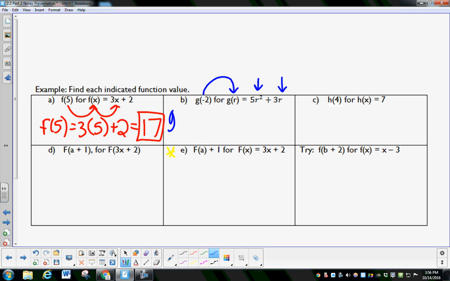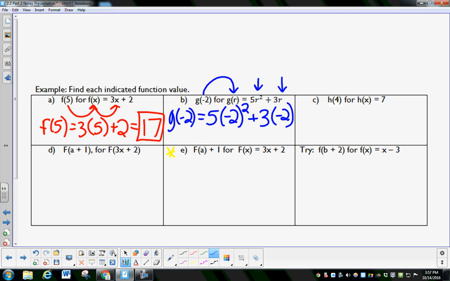So g of negative 2 equals 5 times negative 2 squared. Notice that I put it in parentheses because we want that whole thing squared, because the entire r was squared before. So I'm going to square negative 2, which means negative 2 times negative 2. So I've got 5 times negative 2 squared plus 3 times negative 2. I put a negative 2 in both those places where I see an r.